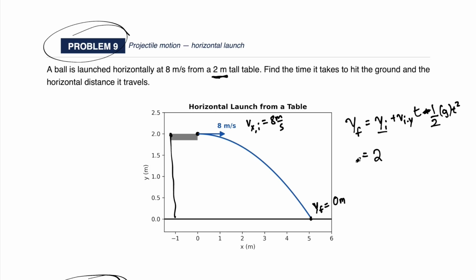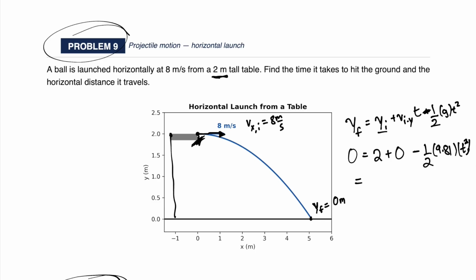So y final is 0 and y initial is 2. Let me actually erase that. v iy is 0, right? Because the projectile is launched horizontally at 8 meters per second. It doesn't have any vertical vector. That only happens once it accelerates because of gravity. So it doesn't have any vertical vector at the start. It's just launched horizontally. So velocity iy initial would just be 0 minus 1/2, 9.81 times t squared, and t is what we want to find out, the time it takes.